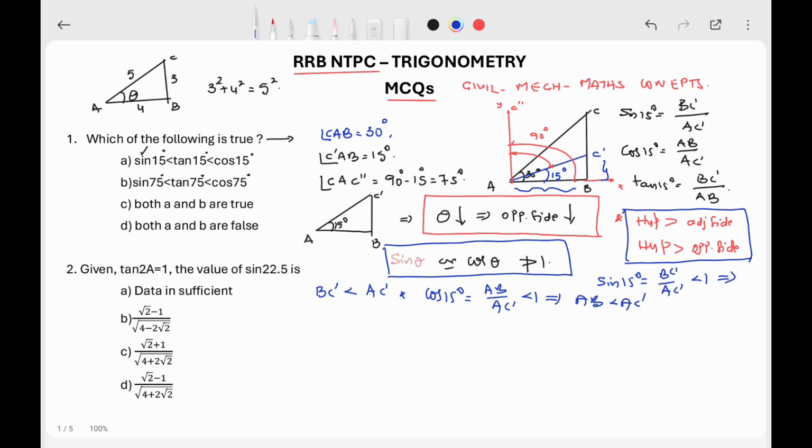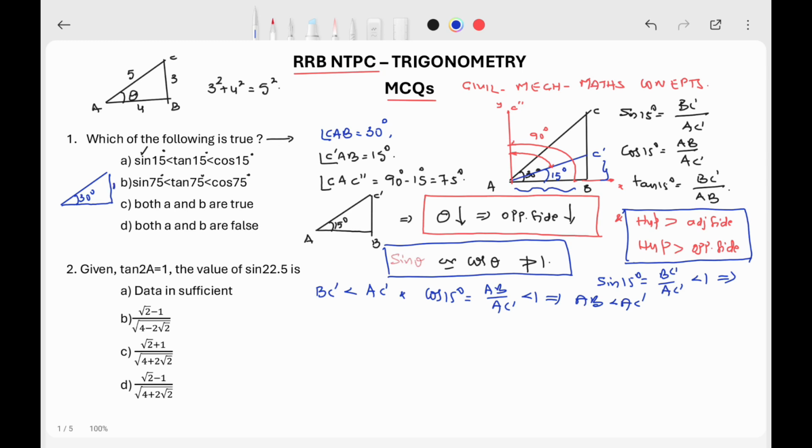Then, as the angle reduces, please see this. For 30 degrees, what are the values?